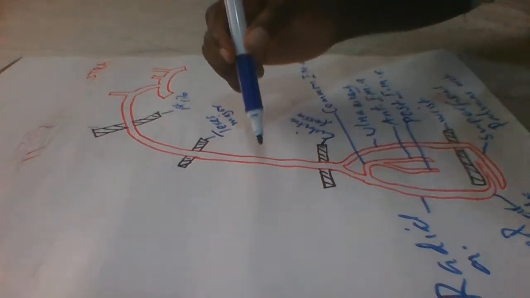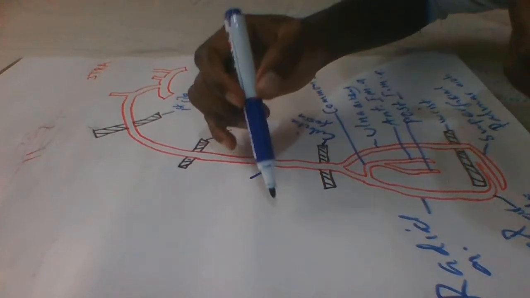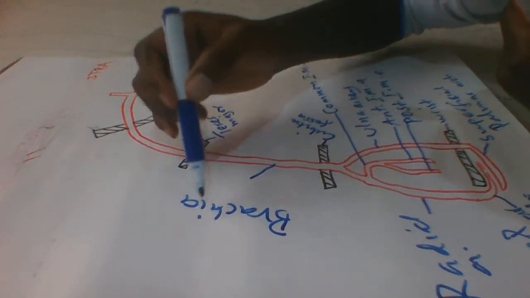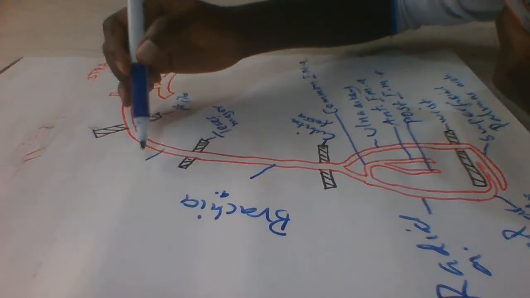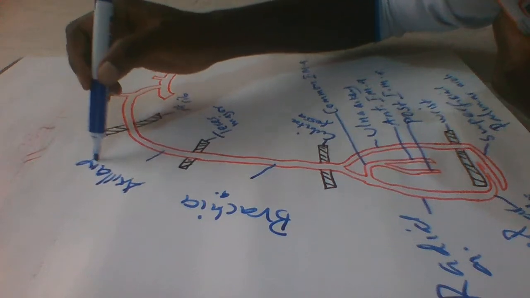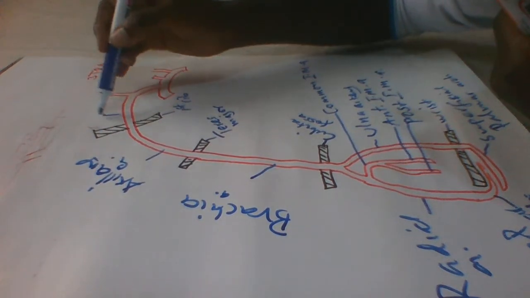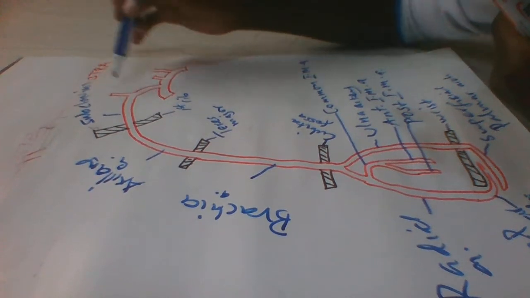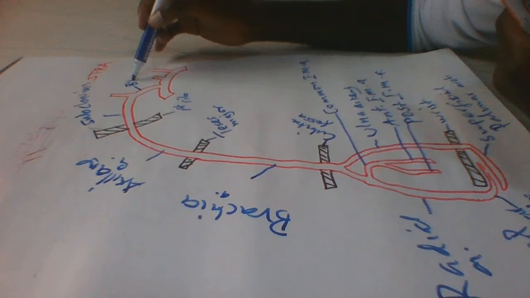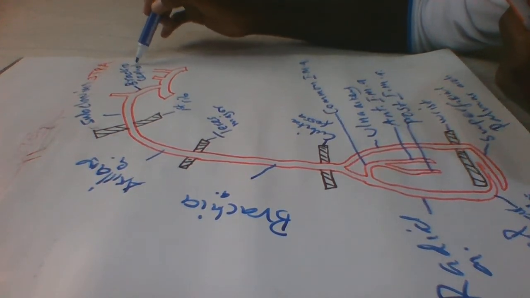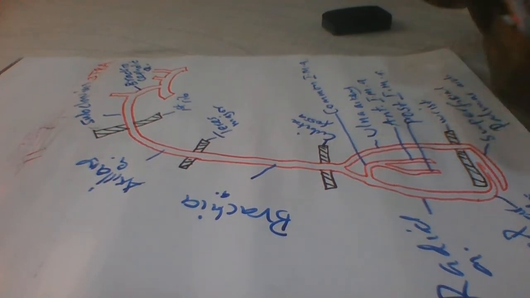So we said this will be our brachial artery, this will be our axillary artery, and this will be our subclavian artery, which rises from the brachiocephalic artery, sorry, over there.